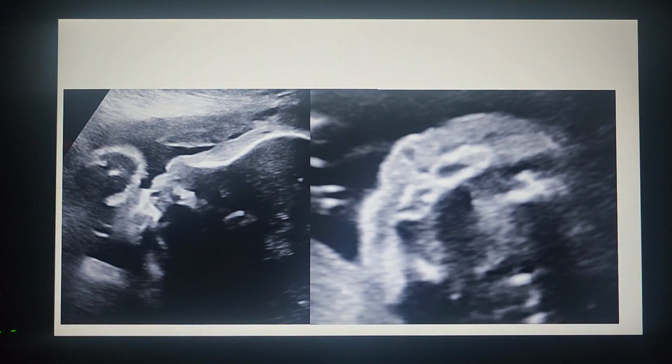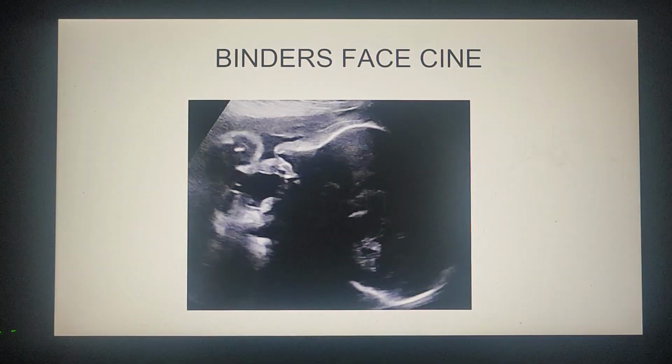In a sagittal view, we have learnt how it looks, but in the axial view also you can see that the binders has a very flat nose which is almost in the same coronal plane as the cheeks, and a broad nostril, and that qualifies for a nice mid-sagittal binders and an axial binders view of the face.